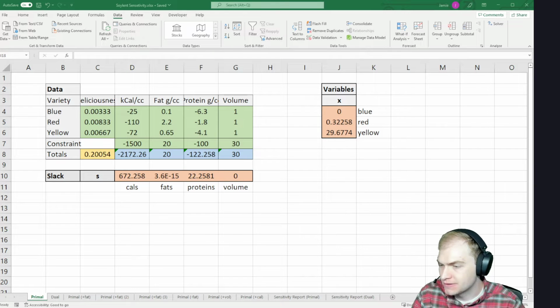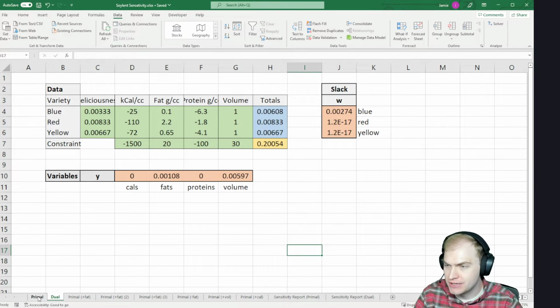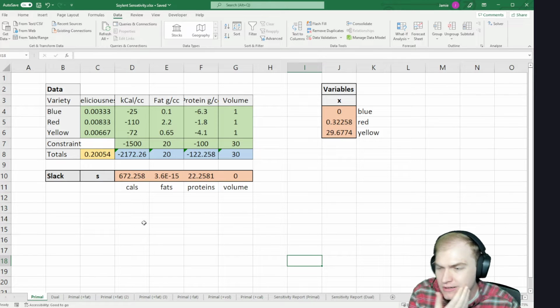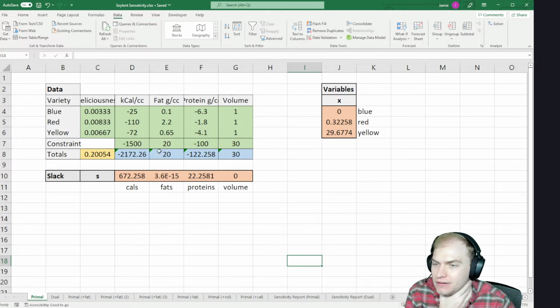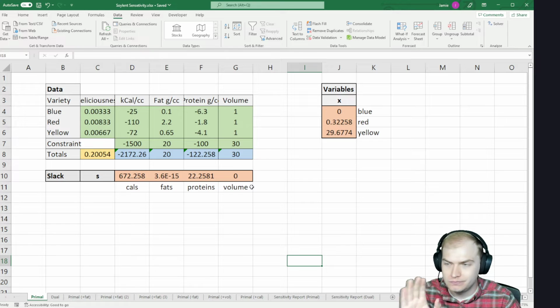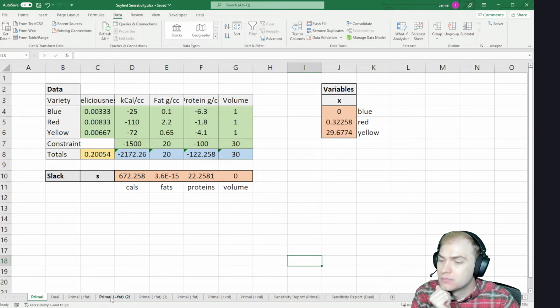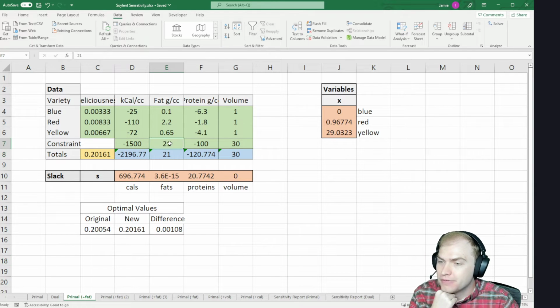And I've done this so that the dual, if I click on the dual sheet, it changes very little. I'll explain that shortly. But what I've done here is I've solved it as it comes, standard. And then I have bumped up the fat by 1 unit, the fat constraint by a single unit.